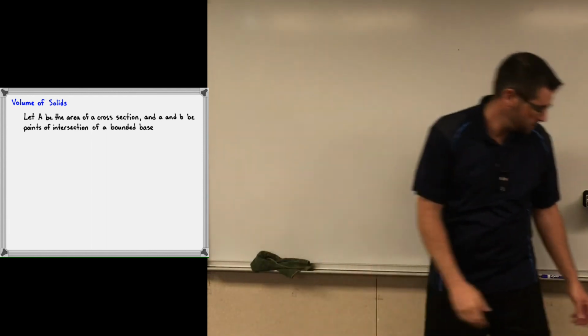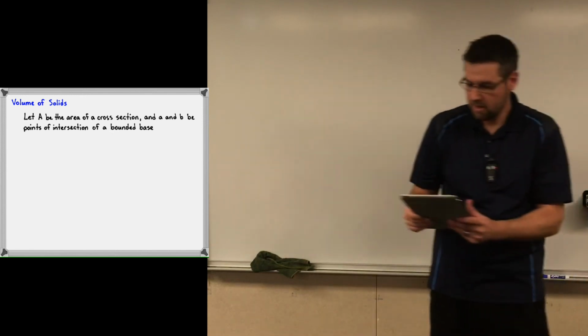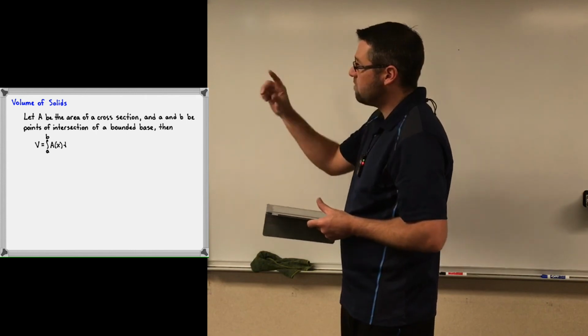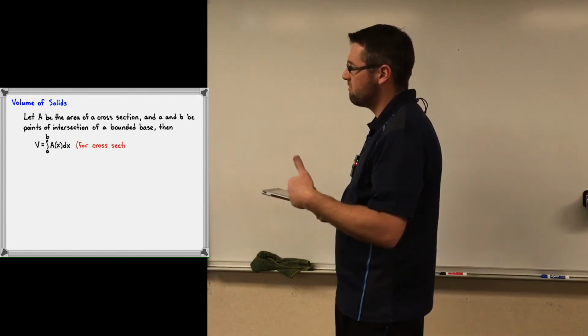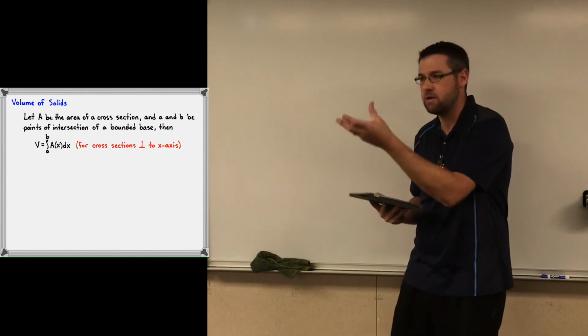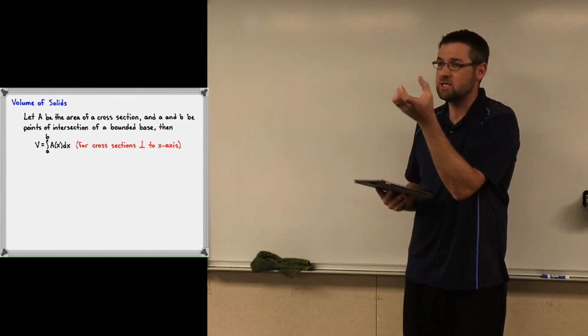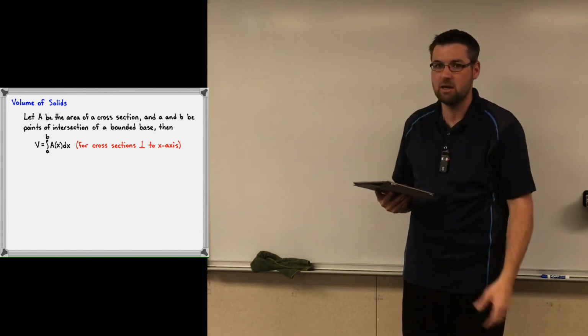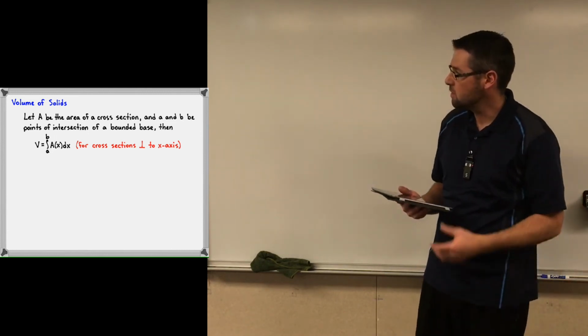Okay, never mind. So A is the area of the cross section, and A and B are the points of intersection. So then the volume is equal to the integral of the area dx, because the area times the width is what? Volume. And then the integral sign means add up all the volumes. Okay?